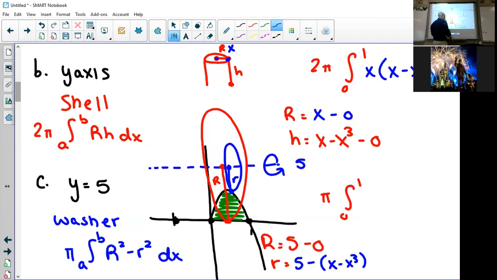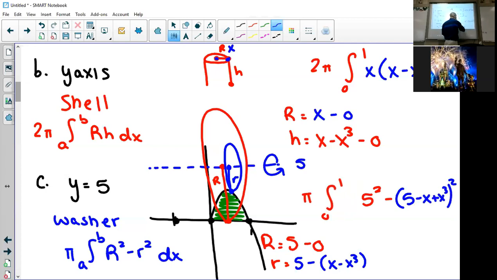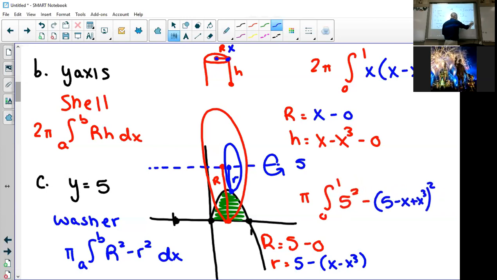We get 5 squared for big R squared, minus little r squared, which is 5, distributing the negative, minus x plus x cubed, squared. Let me move everything over a bit to make sure we get that dx. And there we go, here's our washer method. All right, now let's take it about x equals 7.